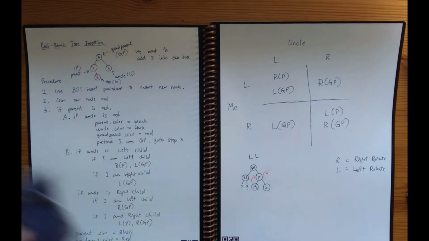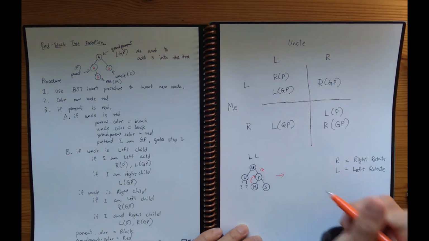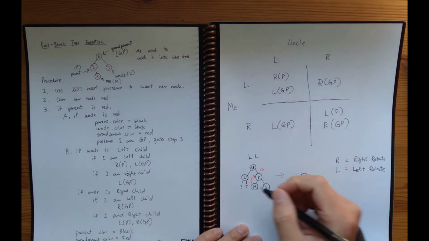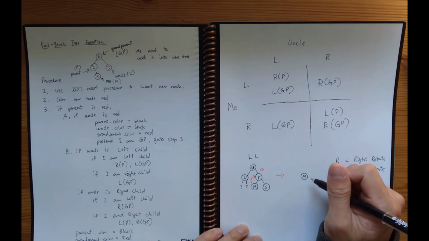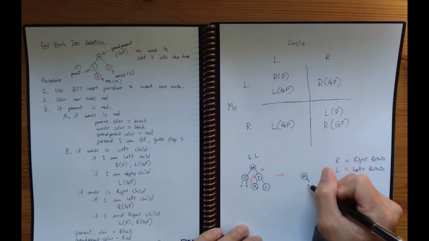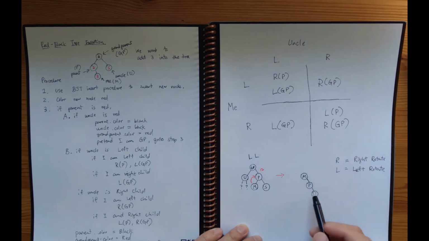Okay, so what ends up happening when you do this is the left child ends up being the parent, and then the parent ends up being the child of the child. So that's what happens here.